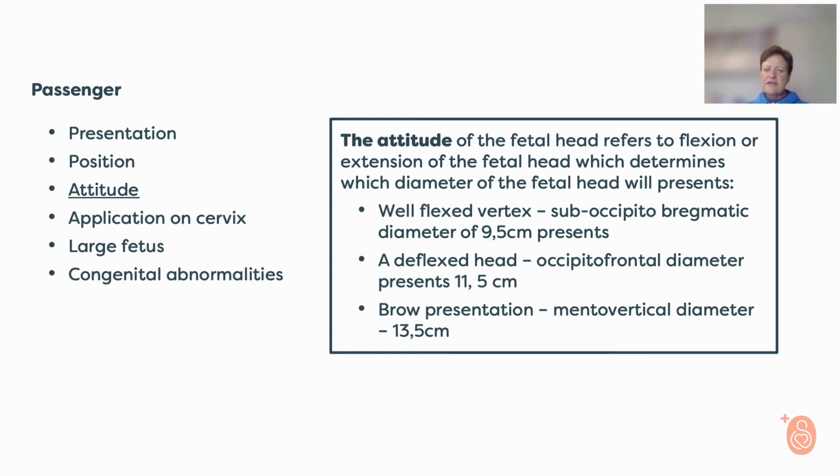So obviously the head with a 9.5 centimeters diameter will move through the pelvis easier than a head with an 11 or a 13.5 diameter, which will obviously move much slower and cause problems.